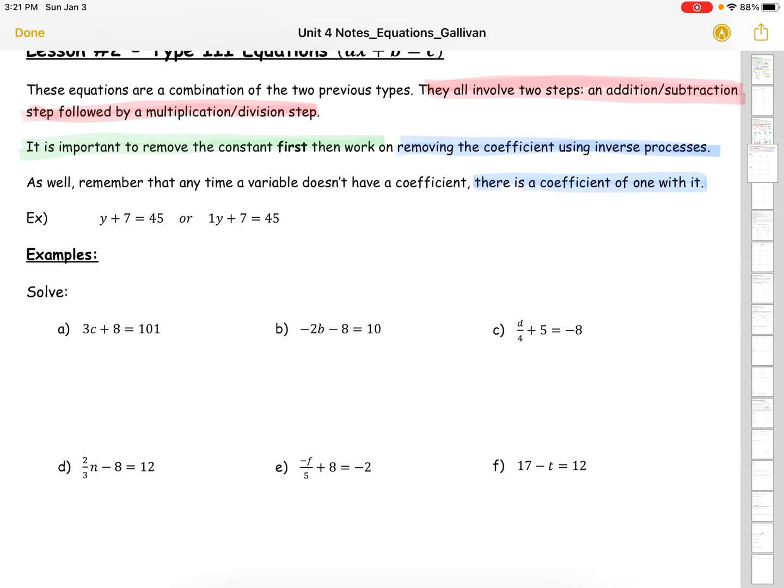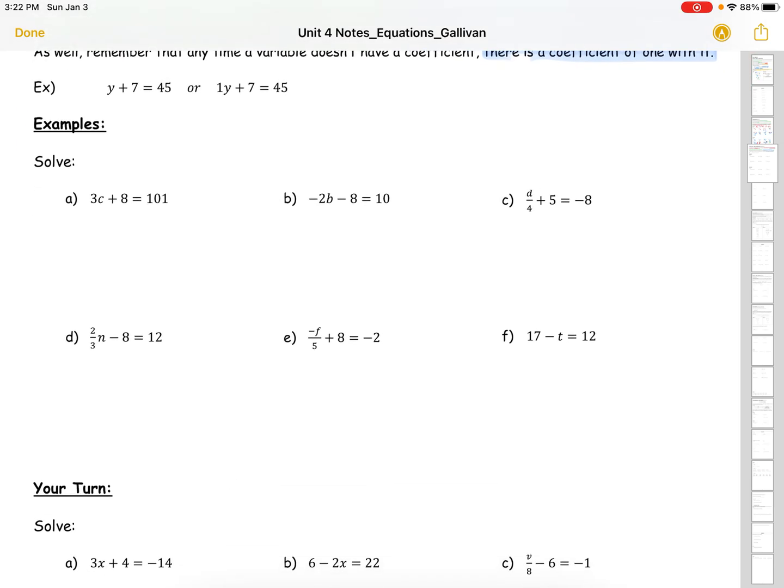Remember I talked about it being like unwrapping a present. You have to take the wrapping paper off first before you can open up the box. So it's almost like reverse order of operations when we're solving these equations. So that's how that's going to work.